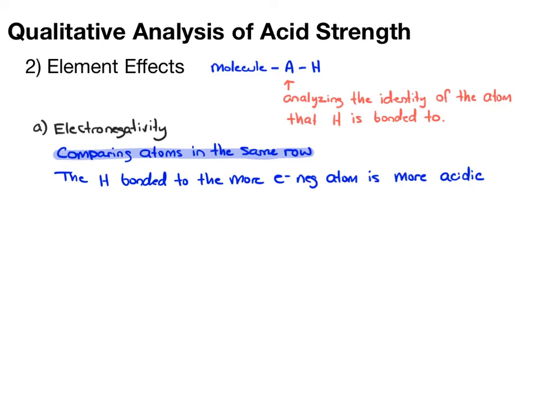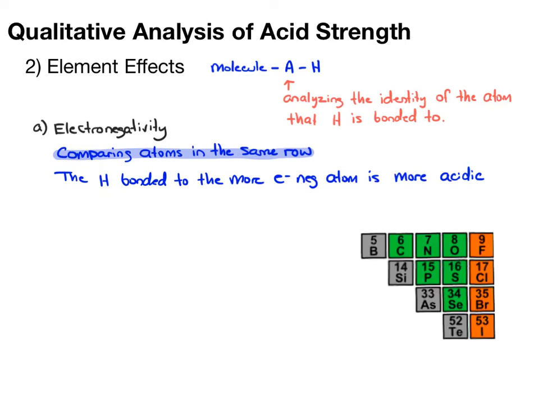Even though there are electronegativity trends there, in that case we'll be looking at something different. If we look at a cross section of the periodic table, going across a row, we have increasing electronegativity going from left to right.